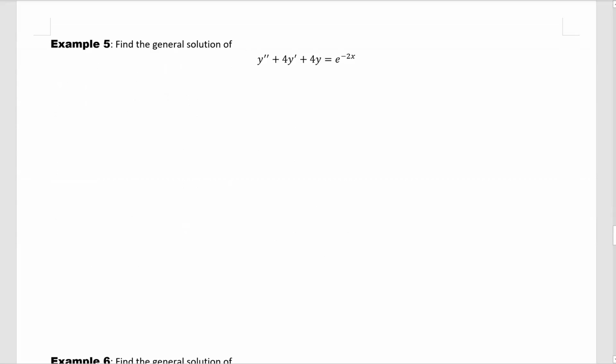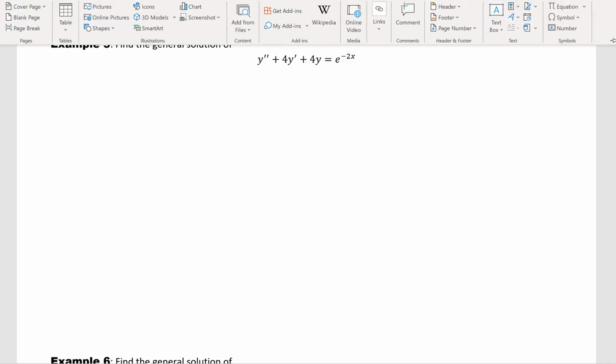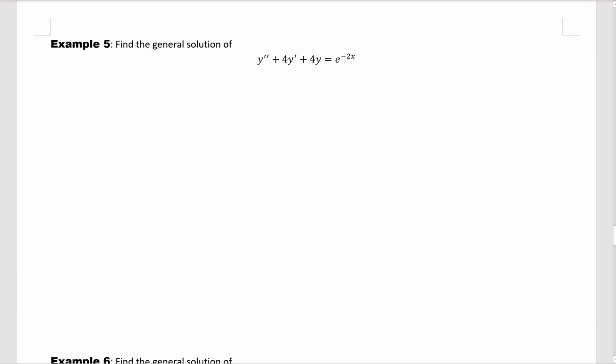Let's continue. So, example 5. We want to find the general solution of this differential equation. So first, we look at the homogeneous differential equation.